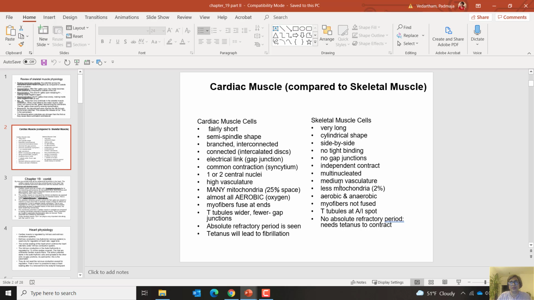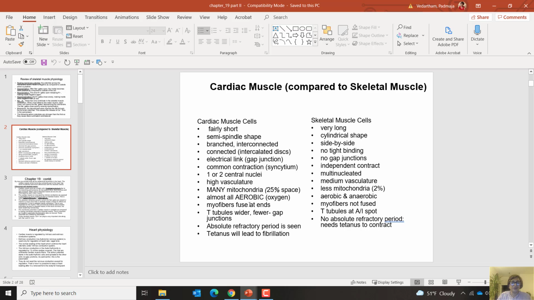They can produce lactic acid, which is taken back to the liver, converted back and reused. In cardiac muscle we cannot have lactic acid production, as that is going to stop the heart.